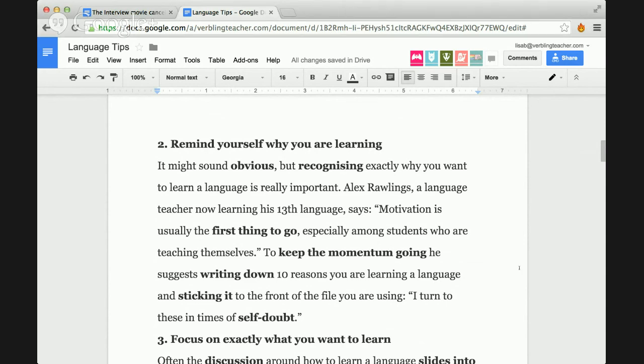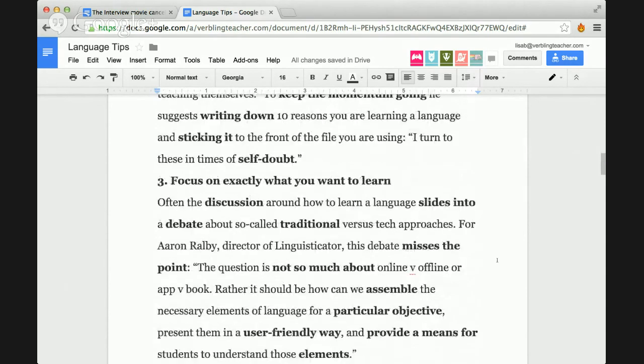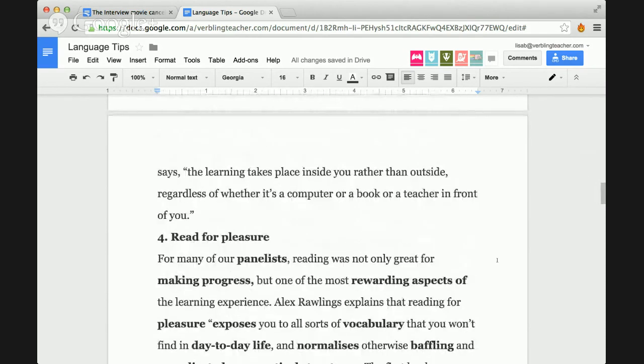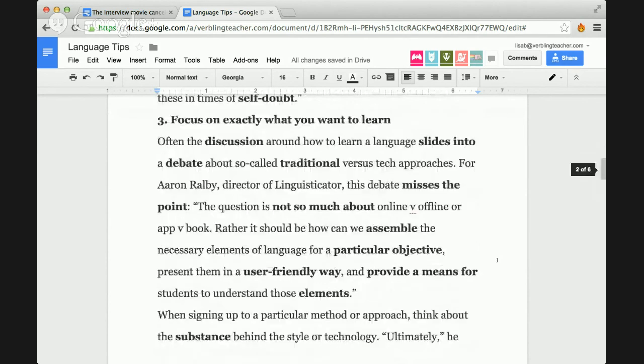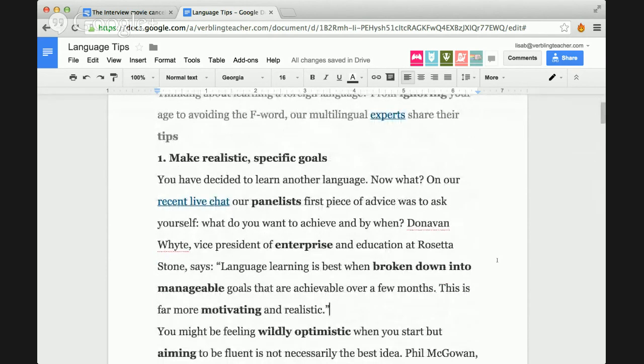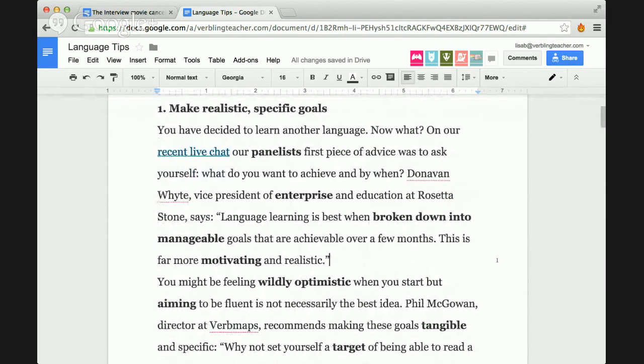Victor, what about you? What do you think about this article? There are interesting tips, but probably I don't agree with most of them. Okay, why not? For example, make realistic specific goals. Many people say that they want to speak English fluently.